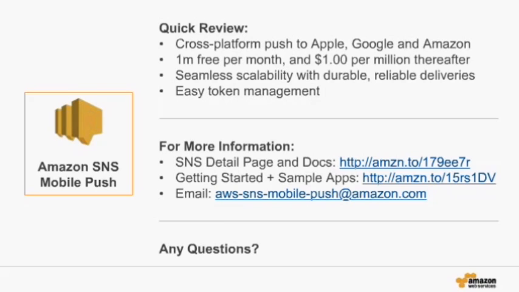So the fact that you have a token means that the user has opted in to receive messages. And if in future that user opts out and no longer wishes to receive messages, the token will become invalid and SNS will disable it in response to feedback. So we'll manage that for you.